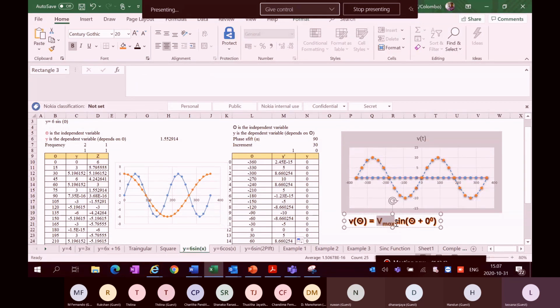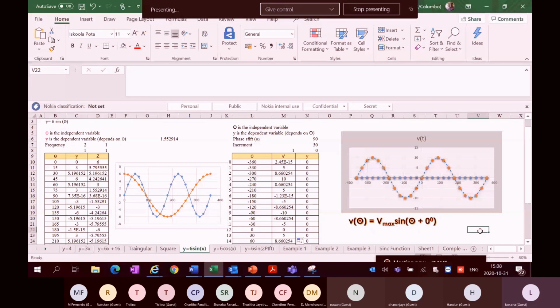Why I came to this Excel is because I want to explain the same thing that I explained through the slides, so that you may get it better, because I can make changes and show you how the signal changes based on my values, right? And at the same time, here this is the theta axis.